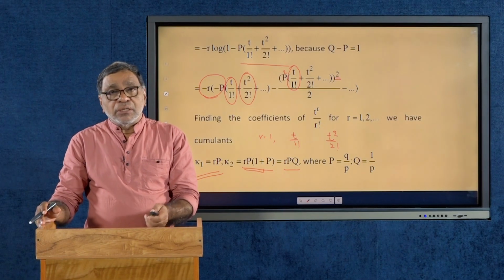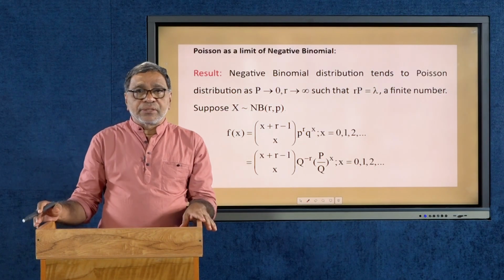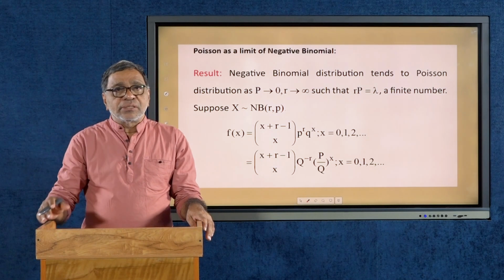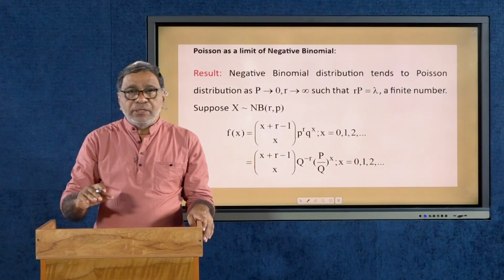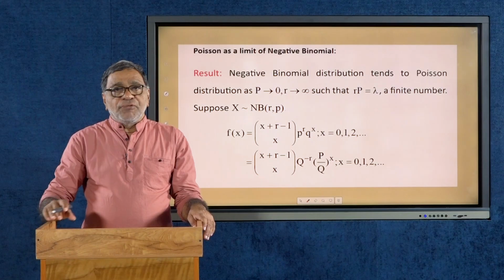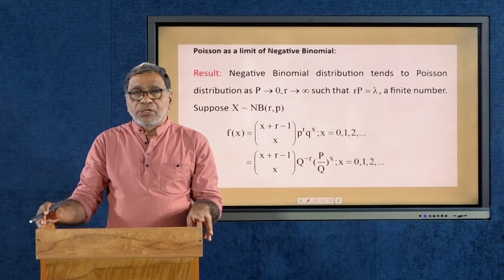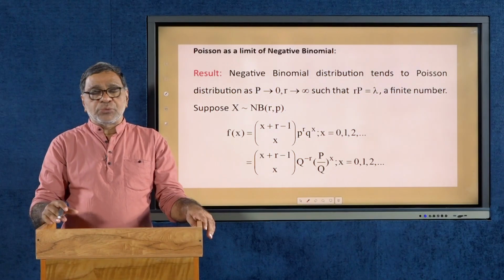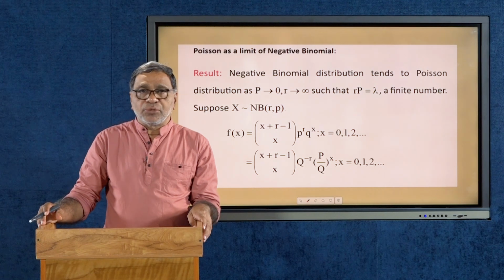Now, on the basis of this representation in terms of capital P and capital Q, let us discuss the limiting behavior of the negative binomial distribution. In the beginning, I mentioned that if we apply certain limiting conditions on the negative binomial distribution, that distribution approaches the Poisson distribution.